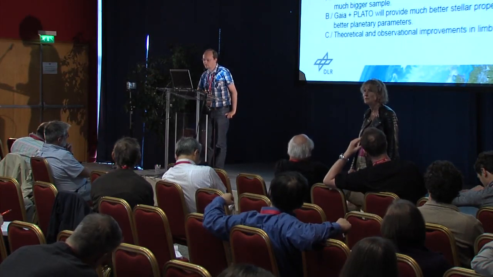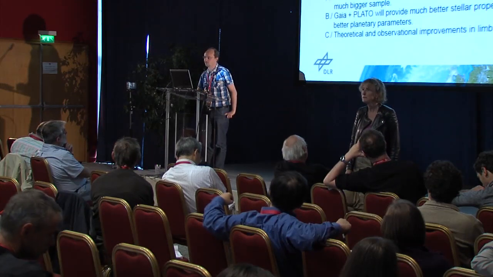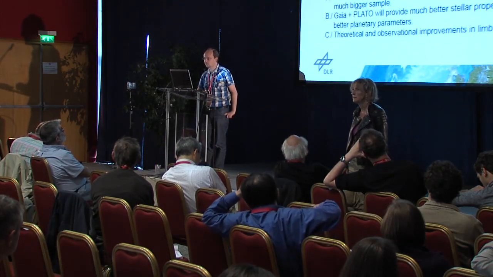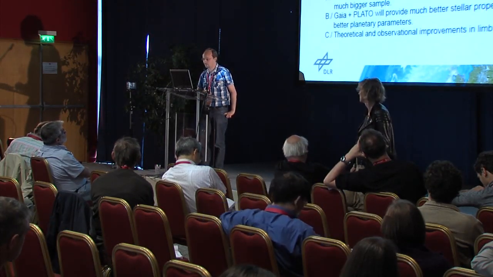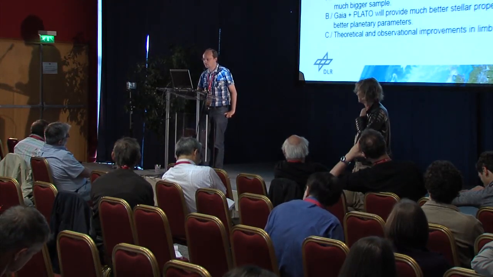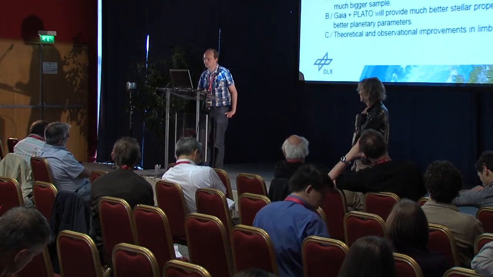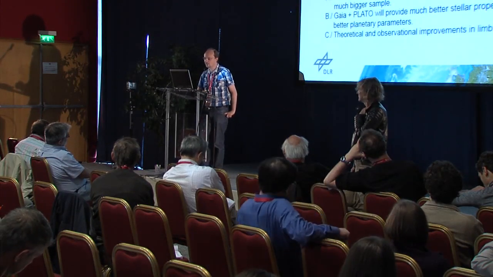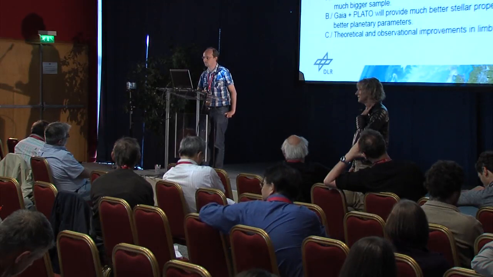When they are observationally tested, I will accept them if the observation shows that they are good. Taking this into account, I would say it is much better to leave the limb darkening coefficients as free parameters than to fix them and accept whatever they show.